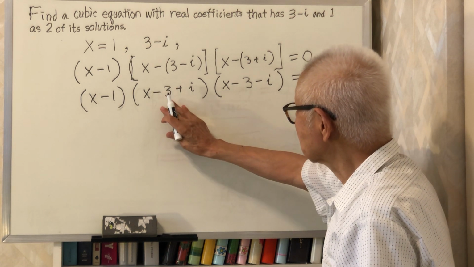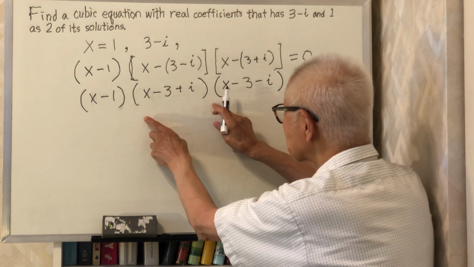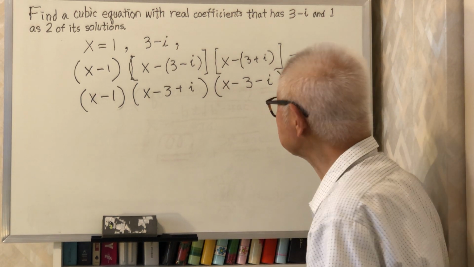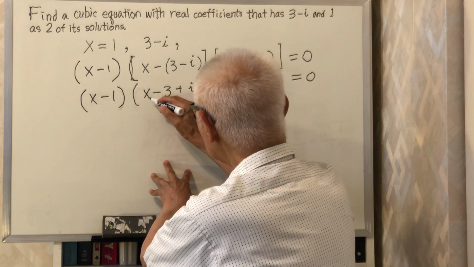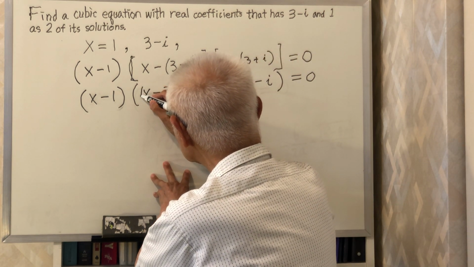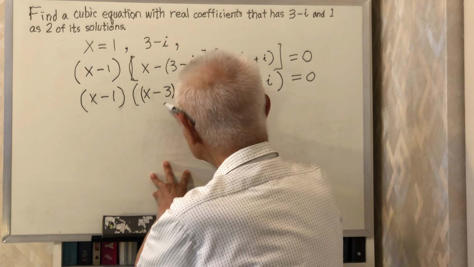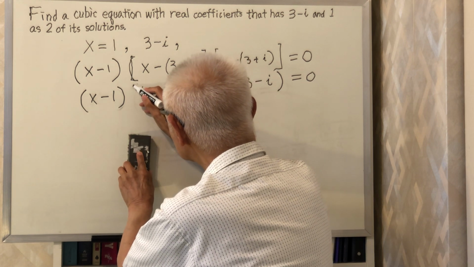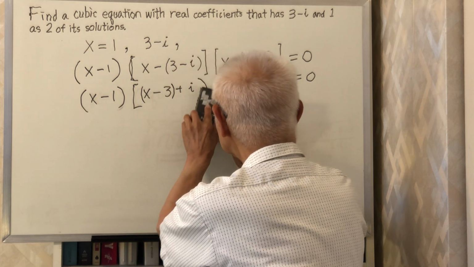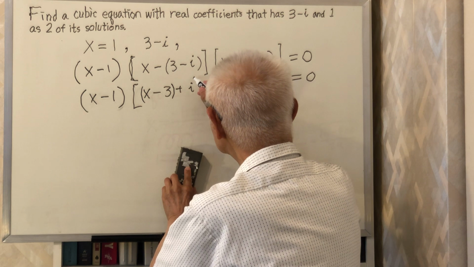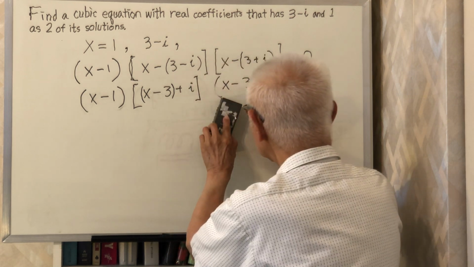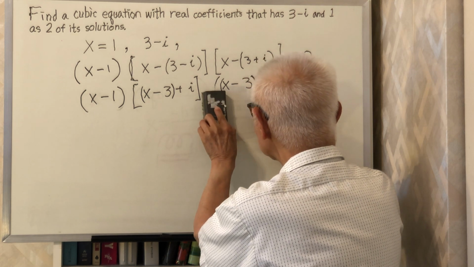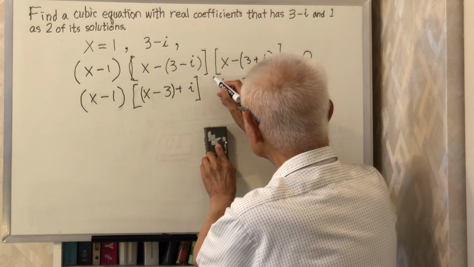That looks quite long, this times that. Why don't I do this? Let me put a bracket here. And I change this to square bracket. And put a bracket here. And change this to square bracket.